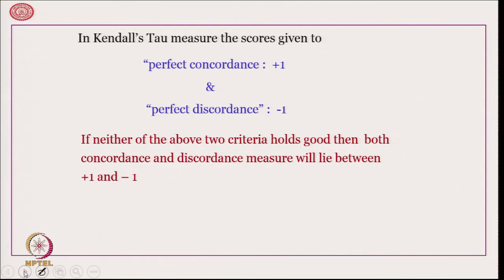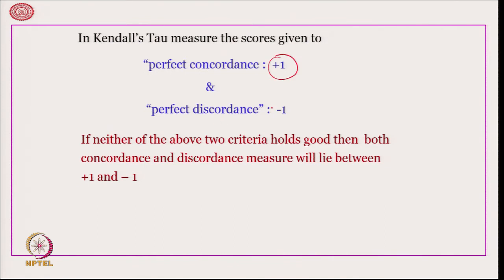That is what in general we would expect, and therefore, we need to give a measure which resembles a degree of association between them. So, in Kendall's tau, these scores are given as follows. If it is a perfectly concordant pair, or they are in perfect concordance, then the value given will be +1.